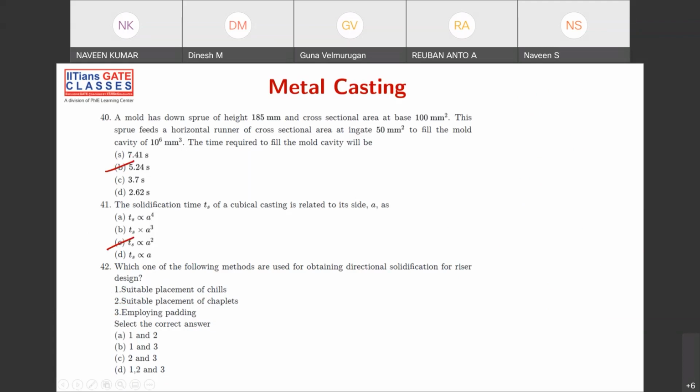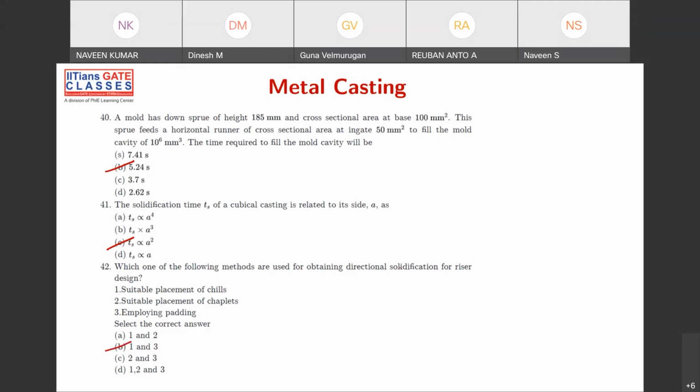Next one, 42. What is the answer of 42? Of course, it is B. Why?